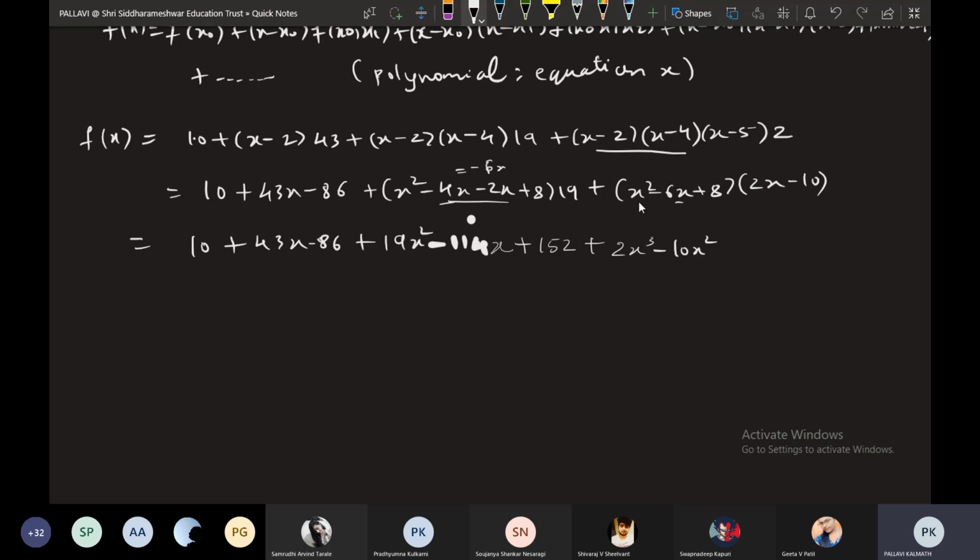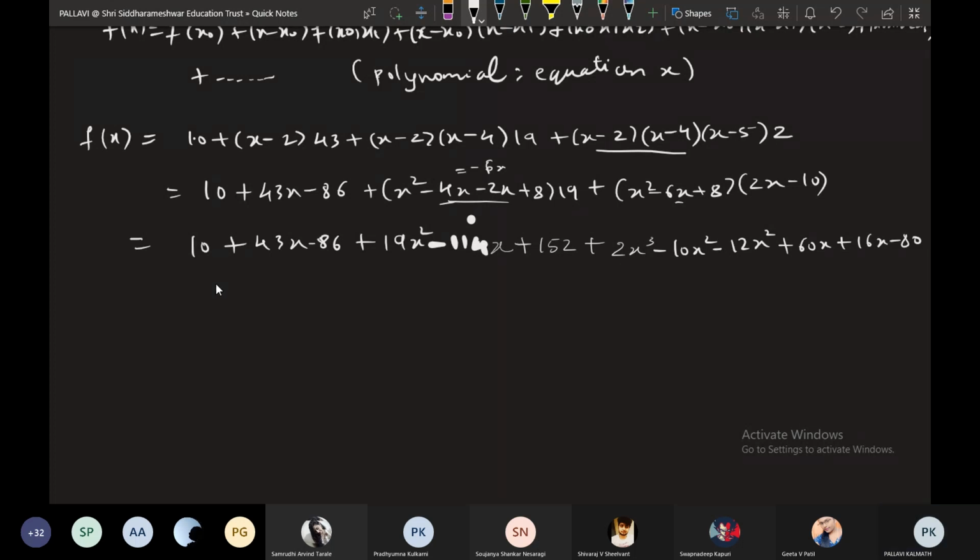Okay, this x we have taken to both terms. Then minus 6 and 2 is 12. x into x is x square, minus of minus plus, 6 tens are 60x. Then plus 8 2s are 16x minus 80.